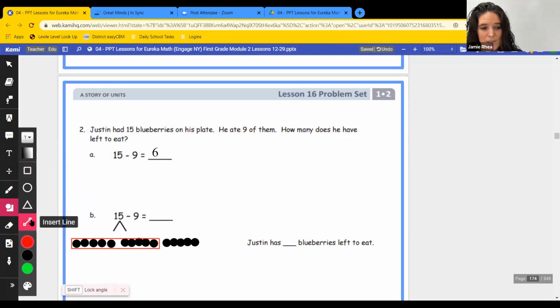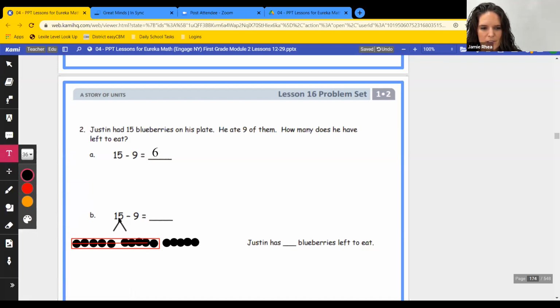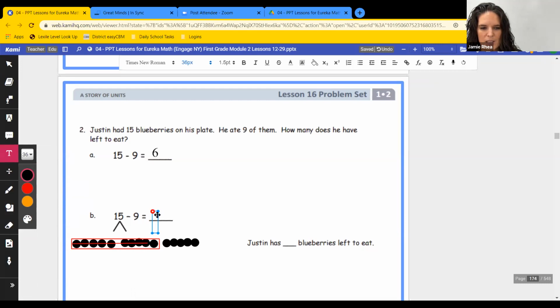I'm going to take how many of those away? 9 of them. I'm left with how many? 1 and 5. What is 1 and 5? 1 plus 5 is 6. Nice job. Okay, so Justin has how many blueberries left to eat? 6. Are all of our answers the same? Yeah, that's how you know you did it correctly.